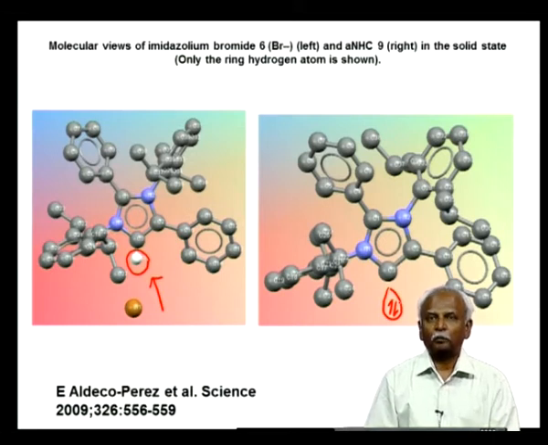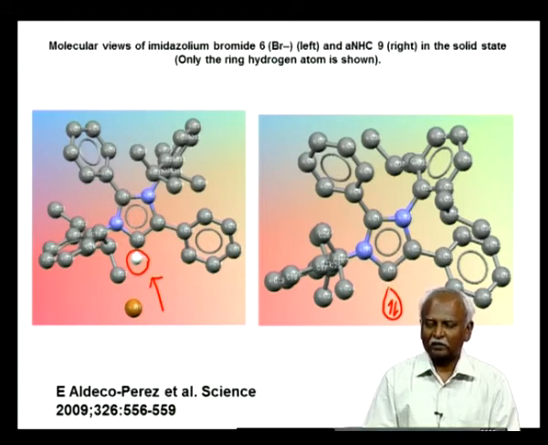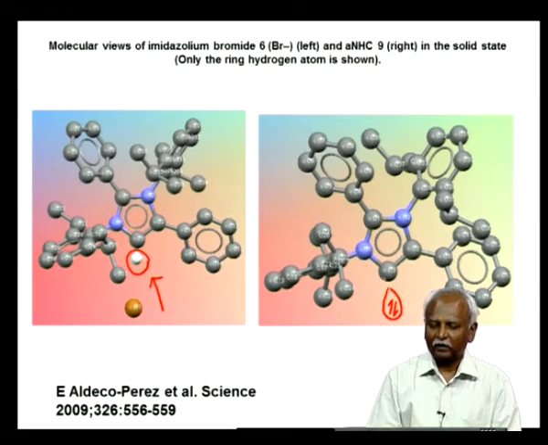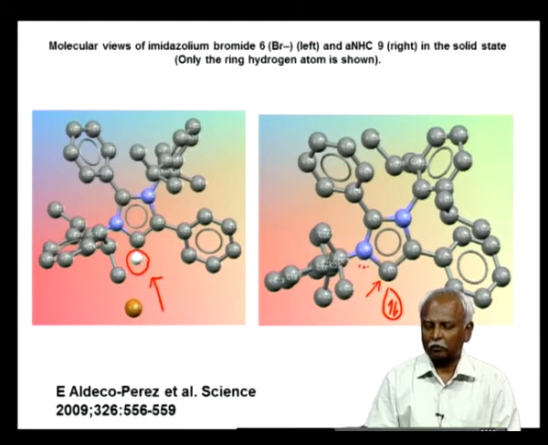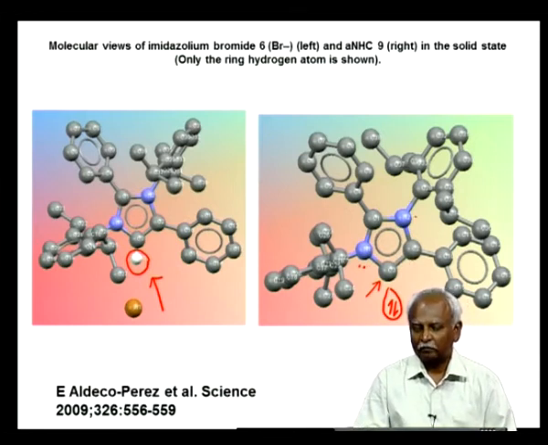But now, we call it abnormal only because you have the usual carbene carbon bearing a phenyl group now, and the unusual position for the carbene carbon is in the third position. It is stabilized only by the vacant p orbital on the C3 atom, which is stabilized by the pair of electrons present on N1, but it cannot be stabilized by the lone pair which is present on N2.